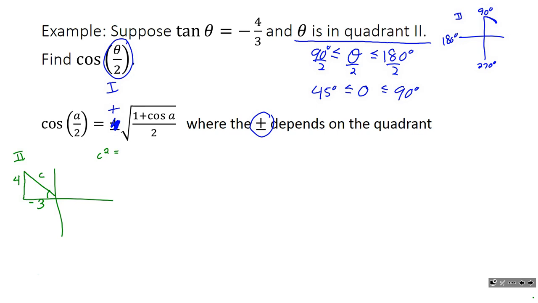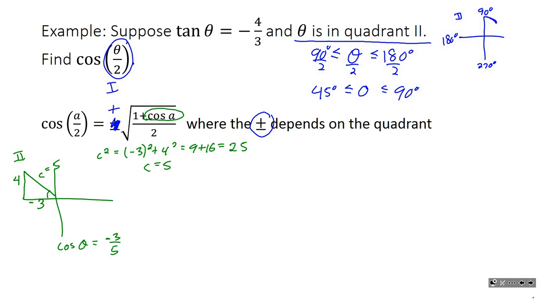All right, now using the Pythagorean theorem, C squared would be 25. So C would equal 5. In our formula, we need to know the cosine of our original angle. So the cosine of theta would be, looking at the illustration, adjacent, -3 over the hypotenuse, which is 5.